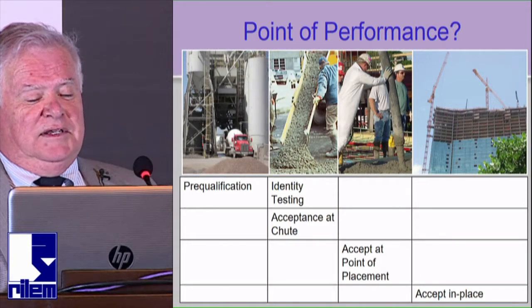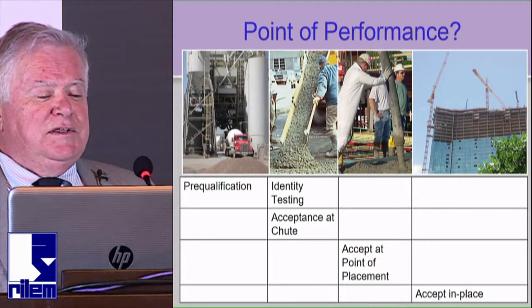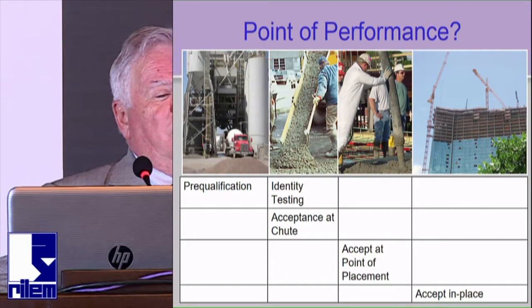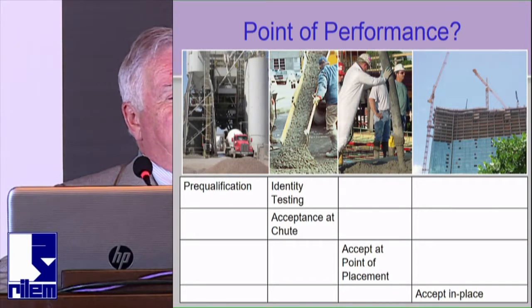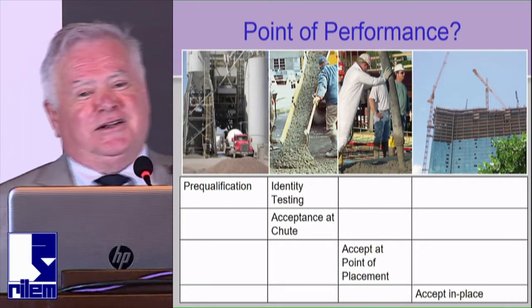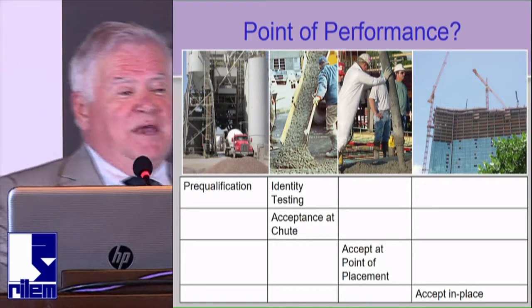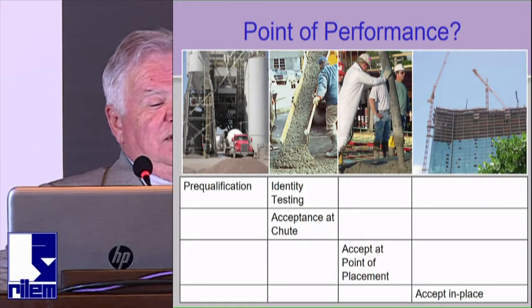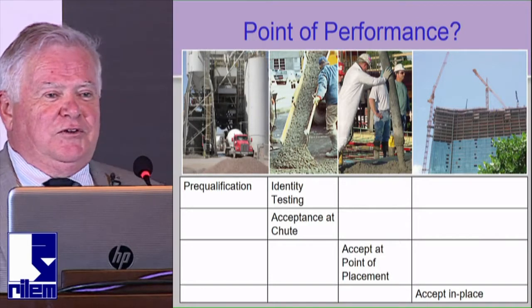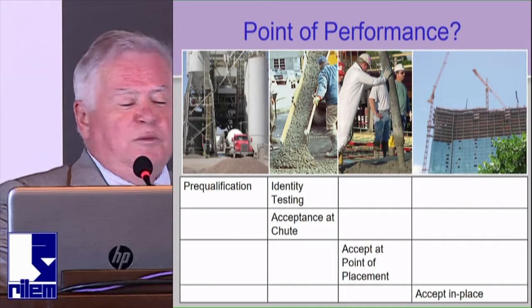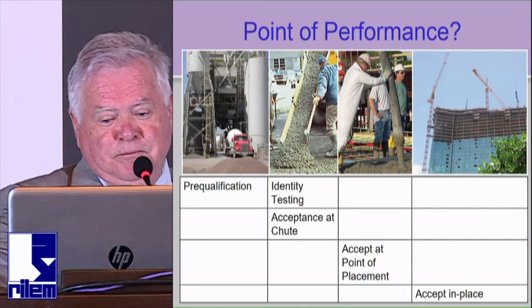And so you get acceptance at the chute, but what we're really interested in, if you're doing pre-qualification, is to identify at the job site that the concrete you pre-qualified is the stuff that actually got delivered, because mistakes get made. And so you need to check the delivery ticket, make sure it's the right mix, but you also want to make sure it's meeting those same properties that were pre-qualified, and that's challenging.